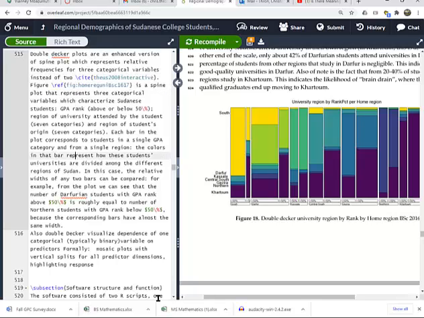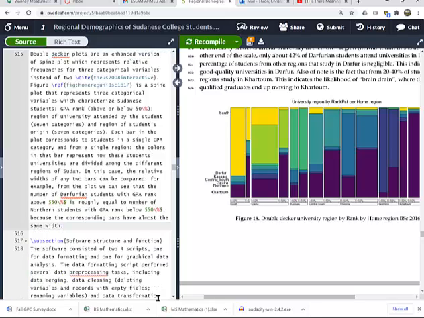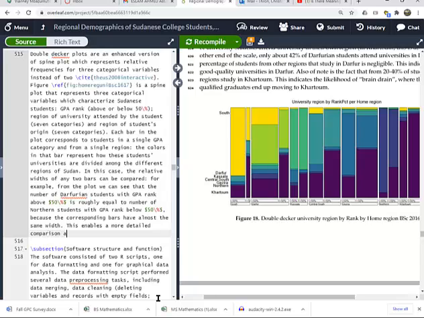You can say this enables a more detailed comparison among categories.